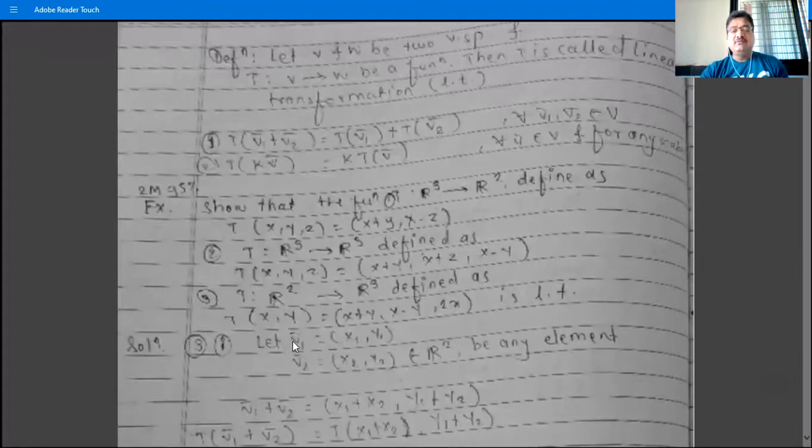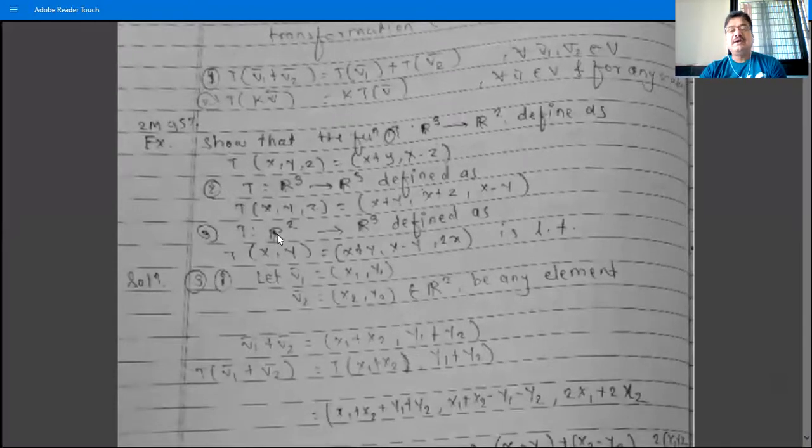Then we take v1 bar and v2 bar as two elements of M2 by 2 R, that is, 2 by 2 matrices. Like that, if V is R cube, then we take two 3 tuples. If V is P2, that is the vector space of all polynomials of degree less than or equal to 2, then we take v1 and v2 as two polynomials of degree 2.